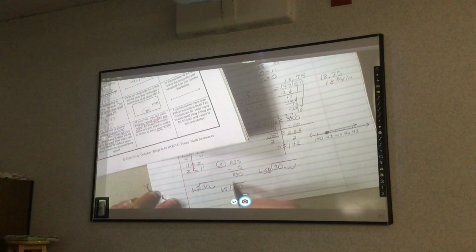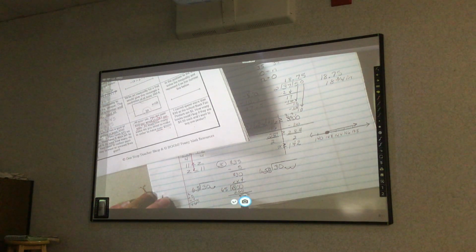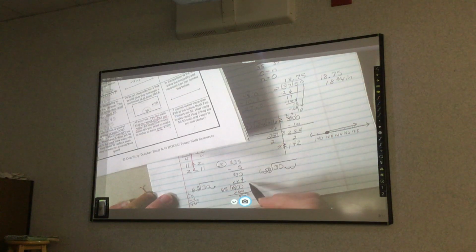65 doesn't go into 3 or 30, but it goes into 300, I think about 4 times. So then I'm going to do 65 times 4, which is 260. So I have 40 left, and I'm going to add a 0, bring it down.